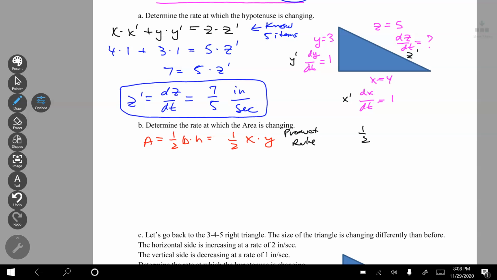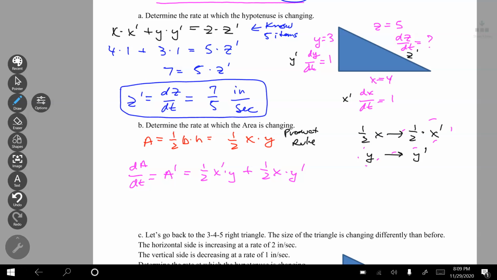So I have 1/2 x, and that derivative is 1/2 times x prime, and then y, and its derivative is y prime, and I can do my crisscross. So I get dA over dt, or A prime, is equal to 1/2 x prime times y plus 1/2 x times y prime. And that is the derivative of the area of this right triangle.